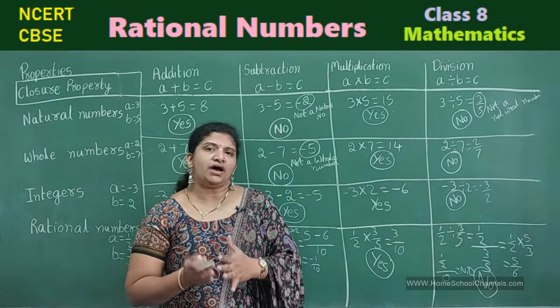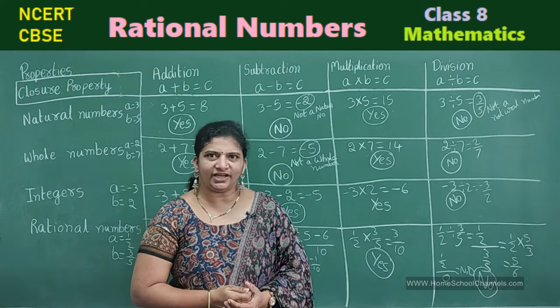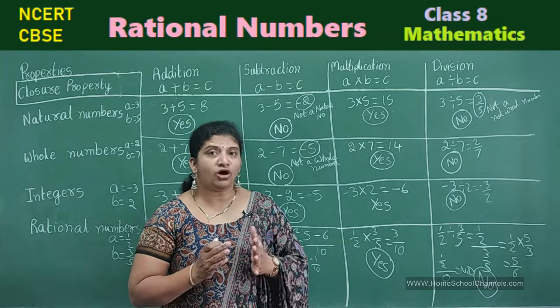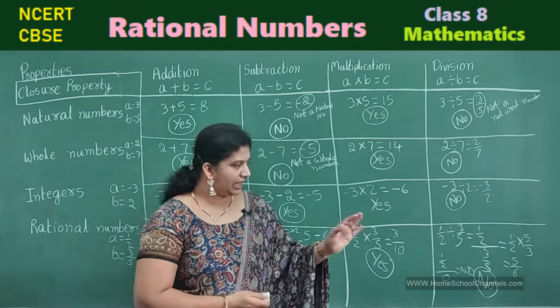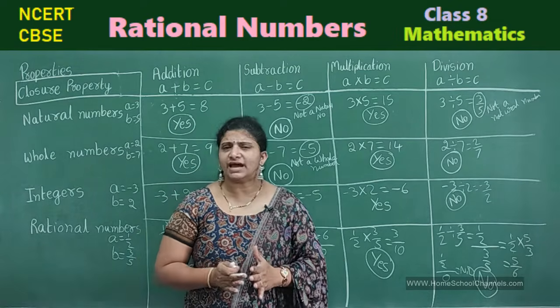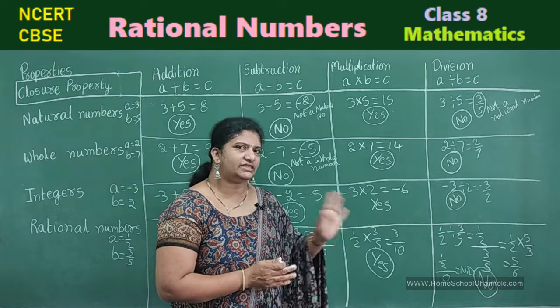Out of 100 marks, if you score 99, you are not the topper, right? Yes, if you want to be topper, you should score 100 marks. Here also, if you are able to satisfy any type of numbers, then only this condition is true.